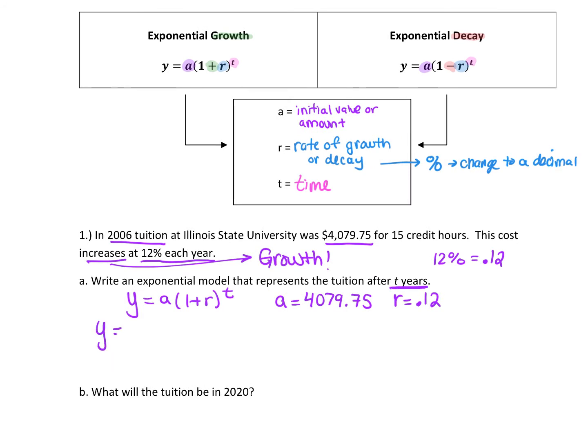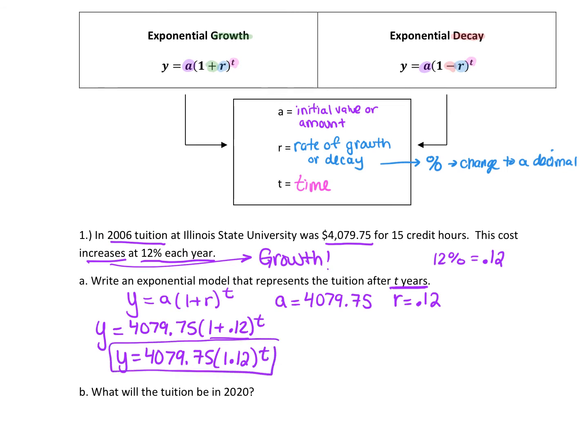So I'm going to have y equals 4,079.75 times 1 plus 0.12 to the t power. I'm going to simplify what's in my parentheses. 1 plus 0.12 is going to be 1.12. And so this would be the model that represents the rate of tuition increase.